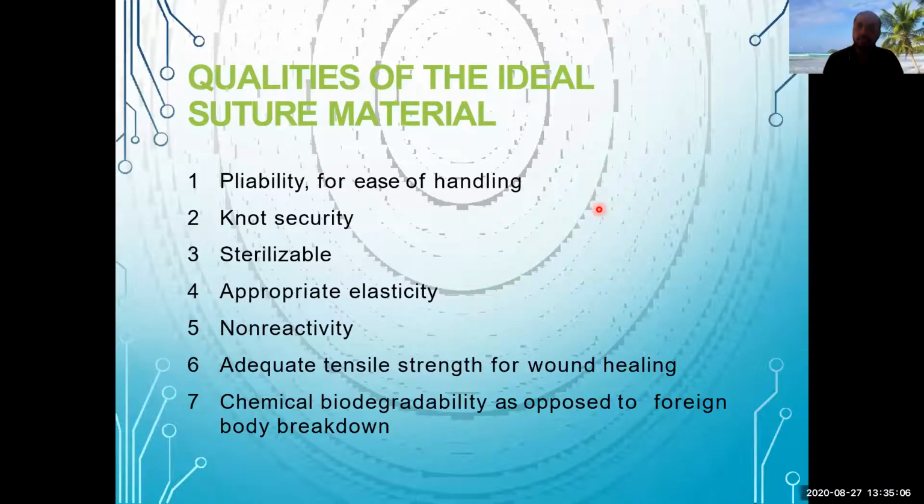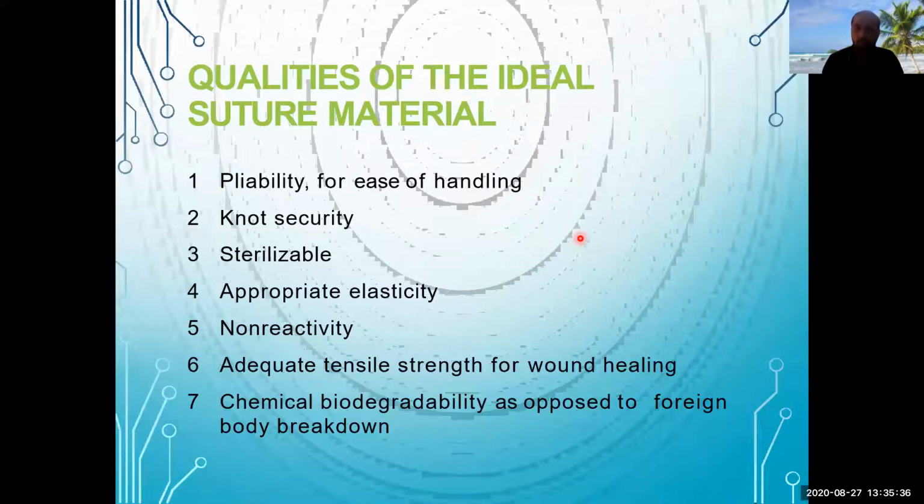Sterilizability: sterility is a must, so we have to sterilize everything. Infection prevention is also a must. It should have appropriate elasticity and non-reactivity. It is a foreign body, so if we use it in human bodies and it gets a reaction, it can produce various symptoms.